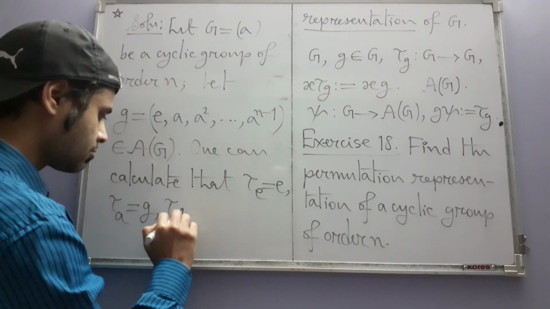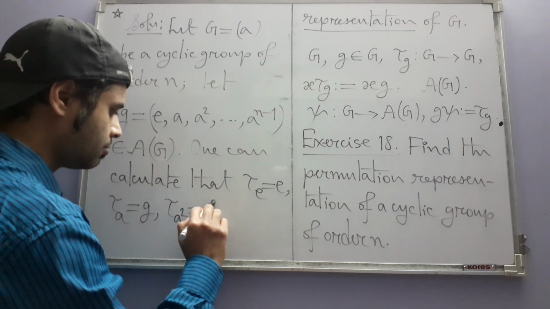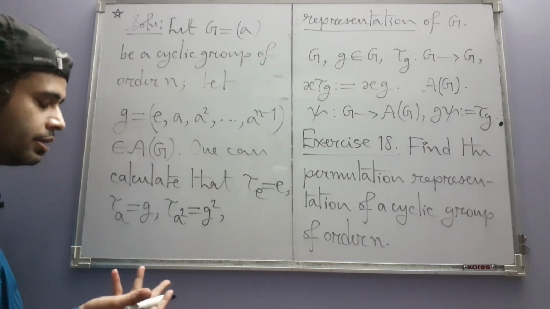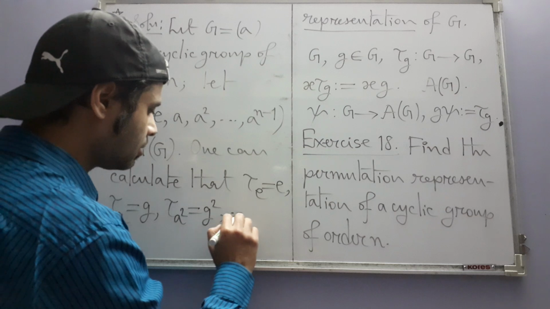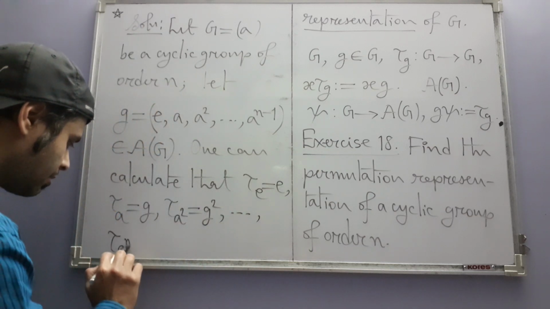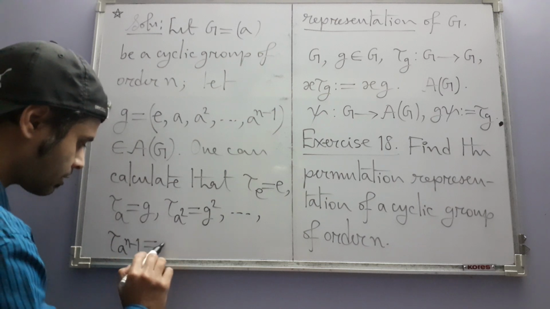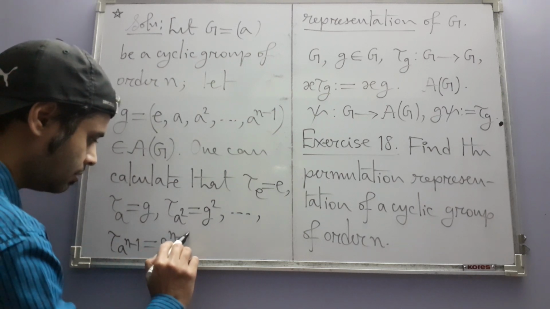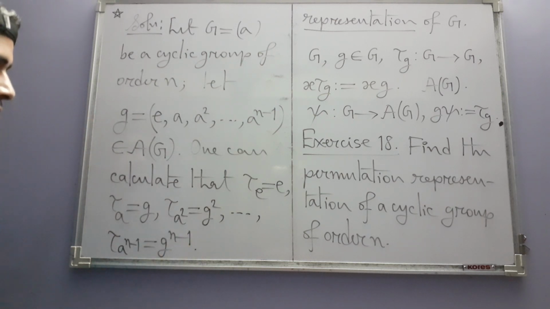Tau of a square turns out to be equal to g square. See how nicely it is coming. And it goes like that. And tau of a to the power n minus 1 turns out to be equal to this.